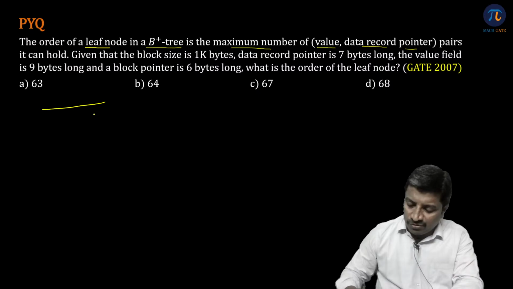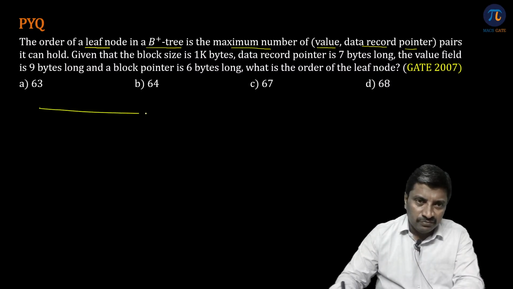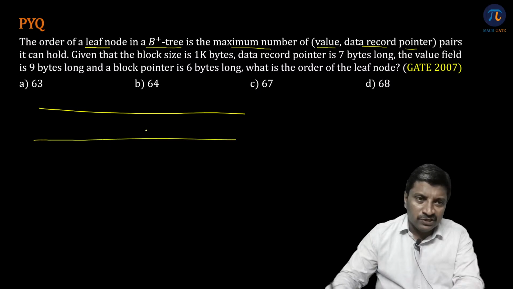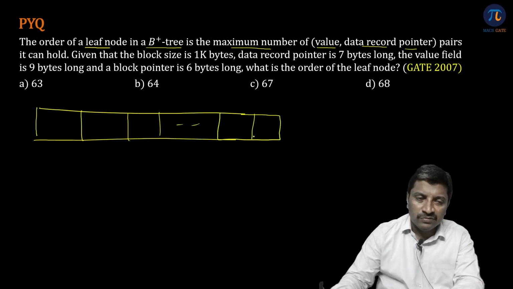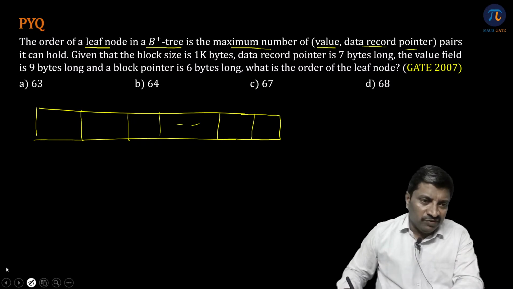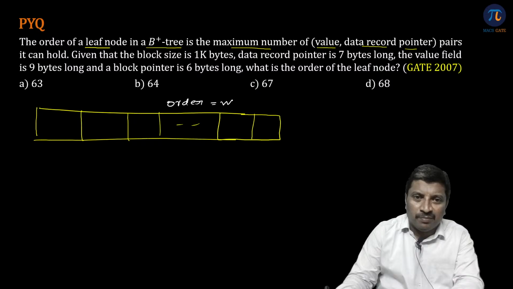Whenever this is a leaf node, this is my leaf node, sir. Whenever you say leaf node, and if you say the order is m, what will happen, sir? It will have m number of keys. Suppose the order equals m.